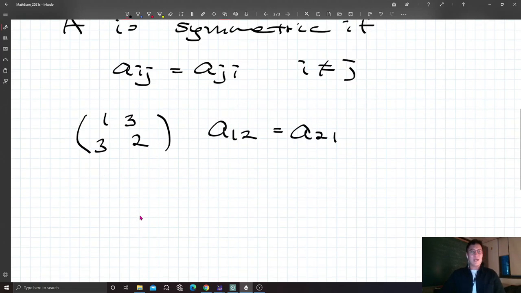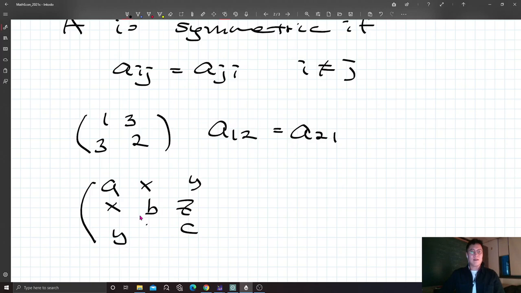In the case of 3 by 3, A, B, C, and B, X, Y, and C, Y, Z. This is another symmetric matrix in 3 by 3. So A sub 1, 2 is equal to A sub 2, 1, A sub 1, 3 is equal to A sub 3, 1, and A sub 2, 3 is equal to A sub 3, 2.